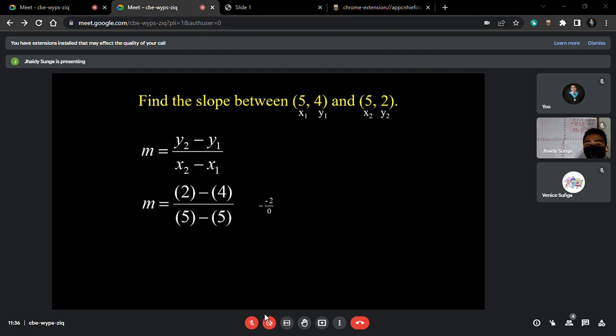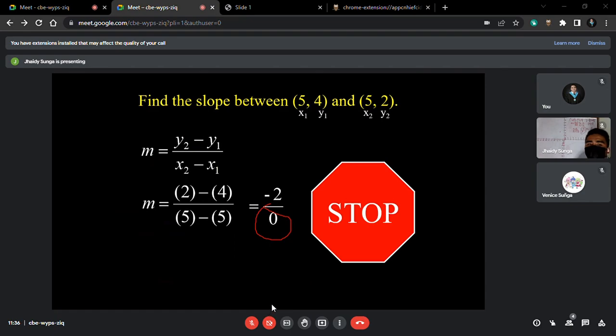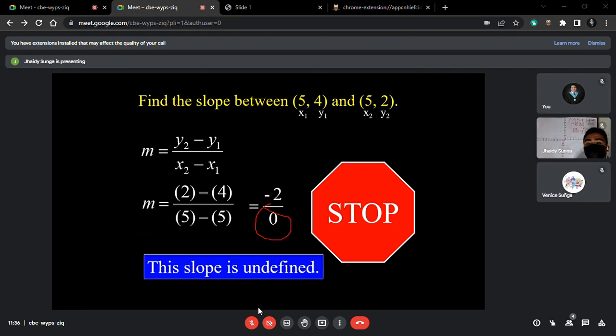If you see 0 in the numerator or denominator, we should stop at the moment, because if we have 0 in the denominator, the answer will be undefined. The slope is undefined.